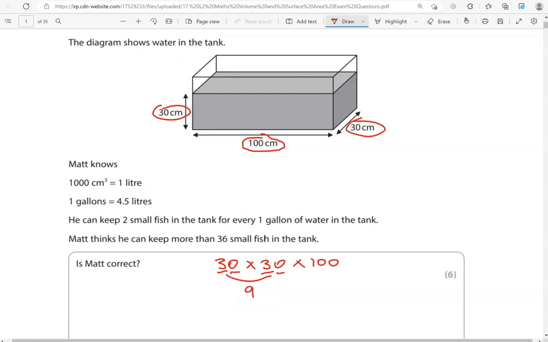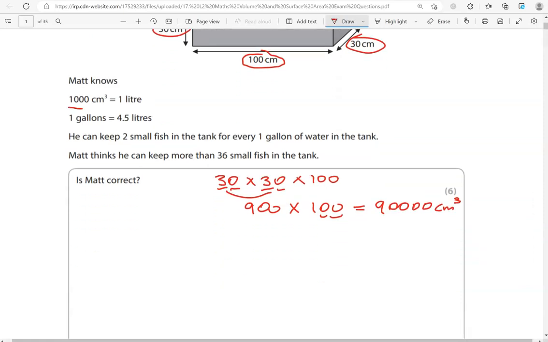Adding the 2 zeros gives us 900. So now it's 900 times 100, which means we add 2 zeros. So that gives us 90,000 cubic centimeters.